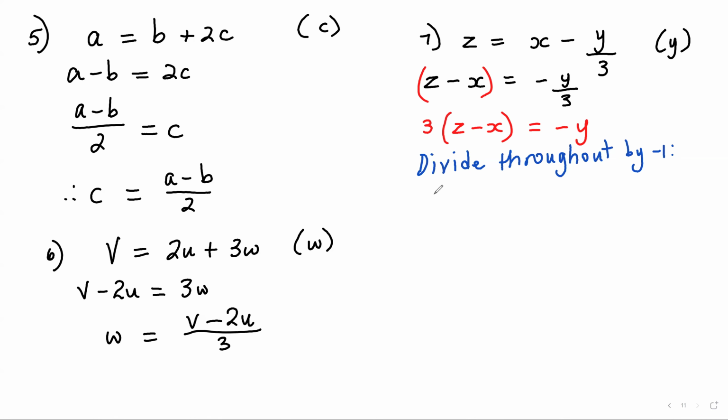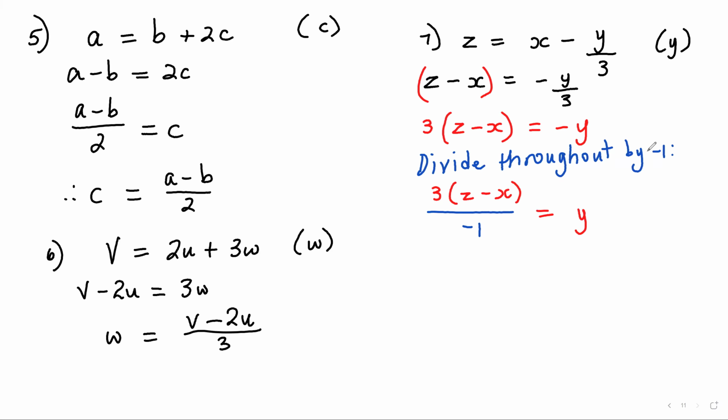So that would be 3 times c minus x divided by -1, right? Because of course the coefficient of y here is -1. So if you divide throughout by -1, you get rid of that coefficient, since a negative divided by a negative is a positive.